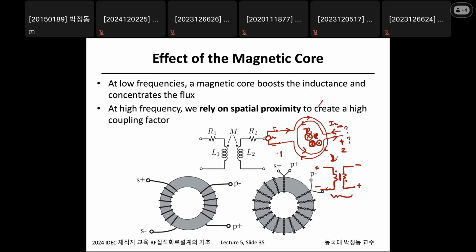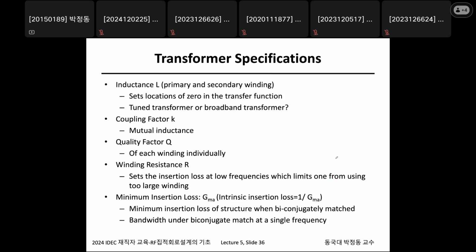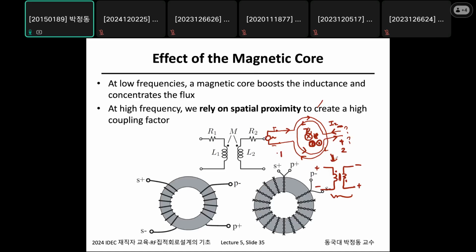And at low frequency, typically this magnetic core boosts inductance. However, as the frequency goes higher and higher, this magnetic core doesn't do much. Also, we cannot use this magnetic core in the on-chip structure, right?